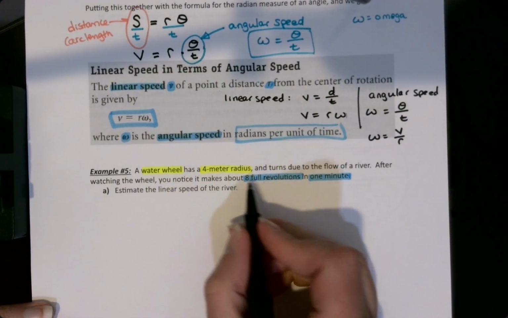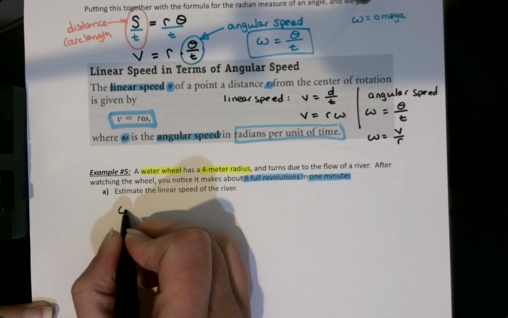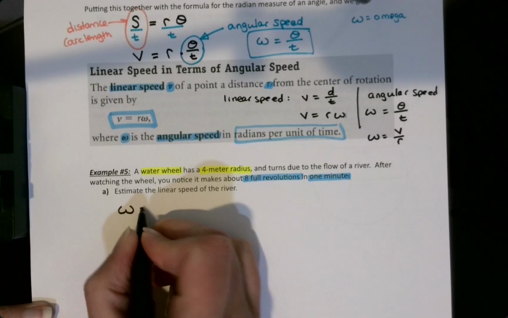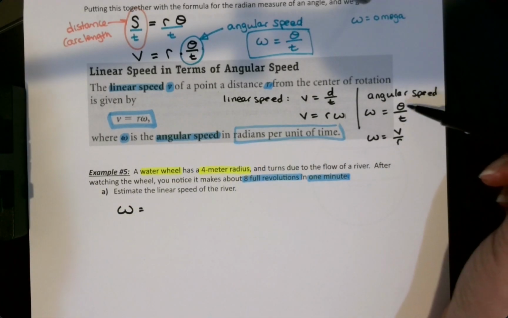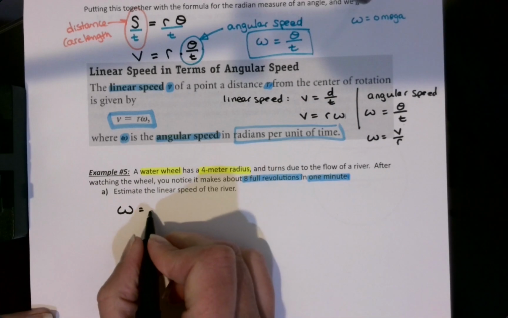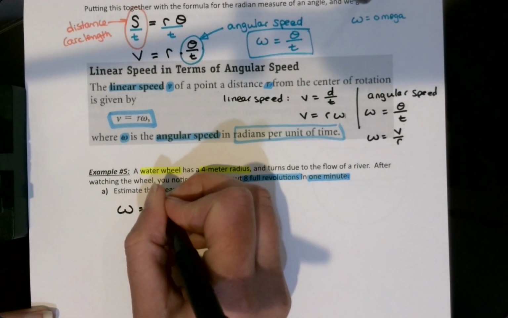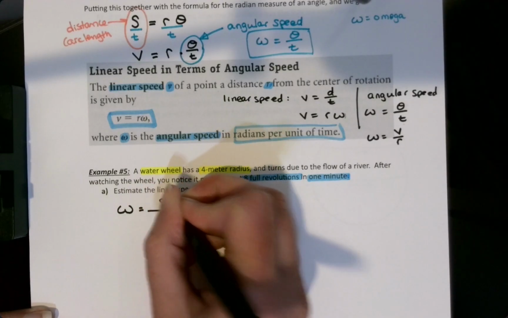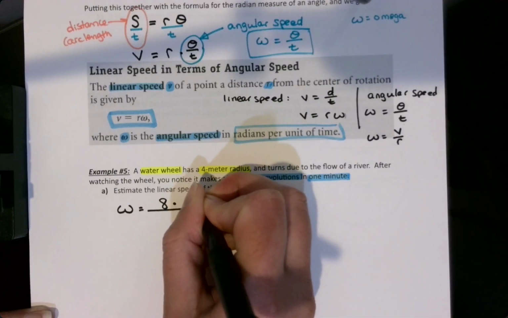Okay. It makes about 8 full revolutions in 1 minute. So the angular speed is going to be the angular measure, the radian measure, divided by the amount of time. So 8 full revolutions, 1 revolution being a matter of 2 pi in radians.